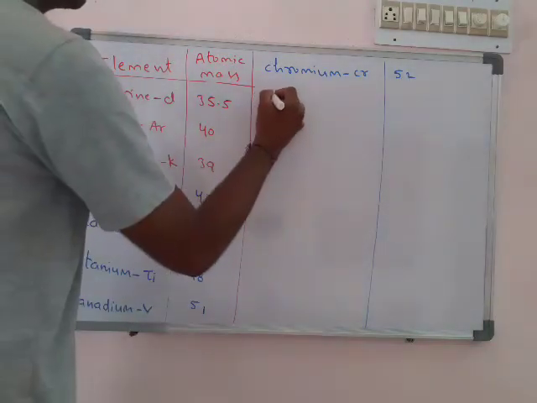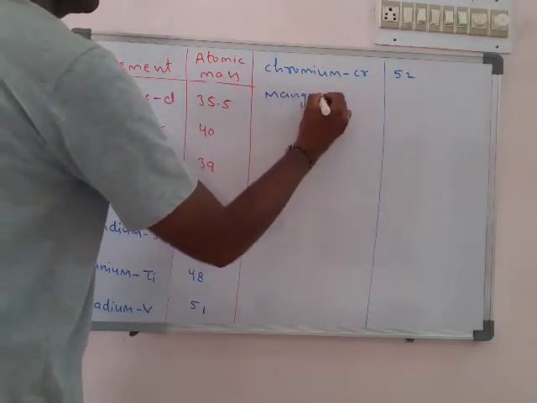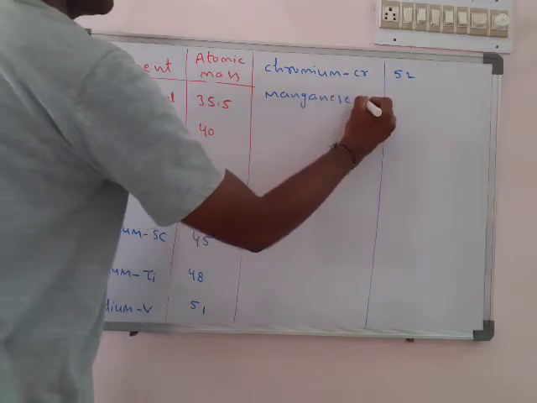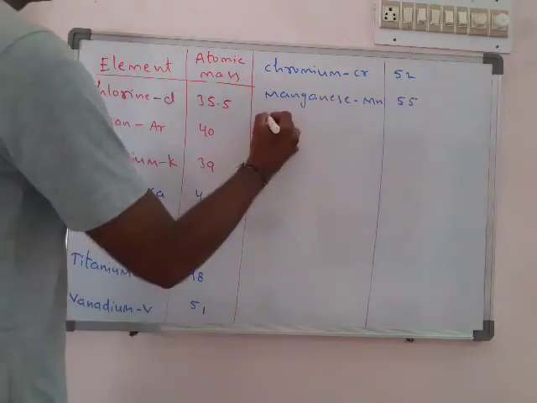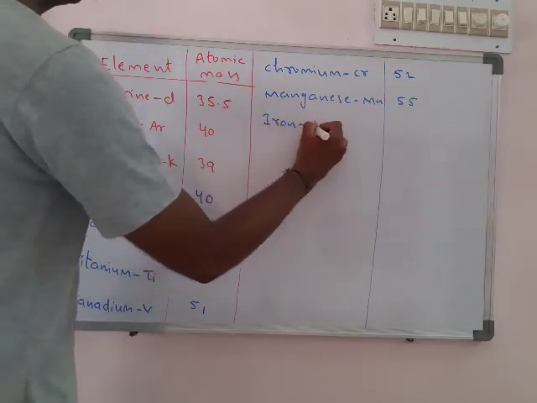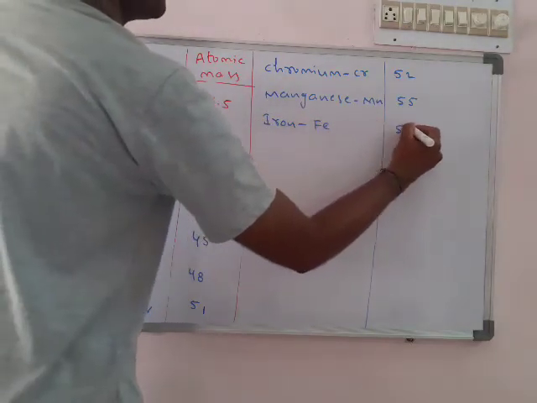Okay. Next manganese, Mn. Manganese 55. Next iron, that is Fe. Okay, it is 56.